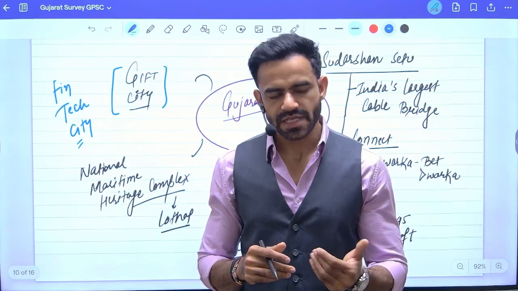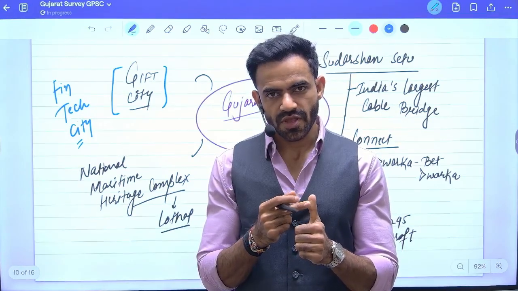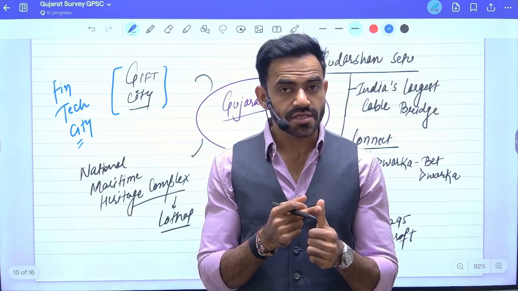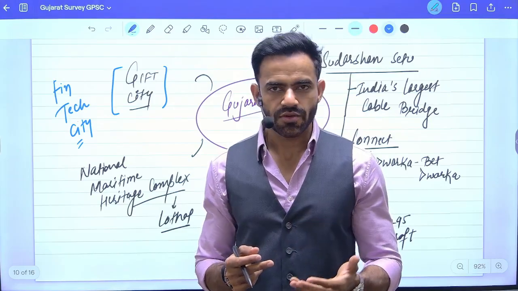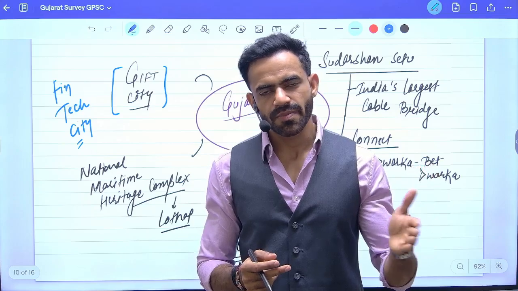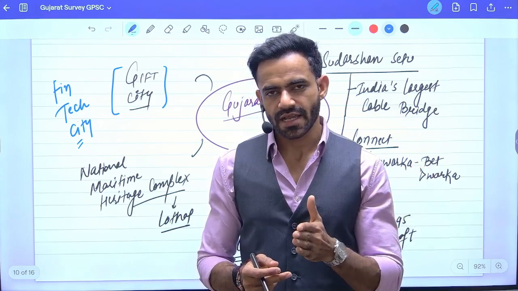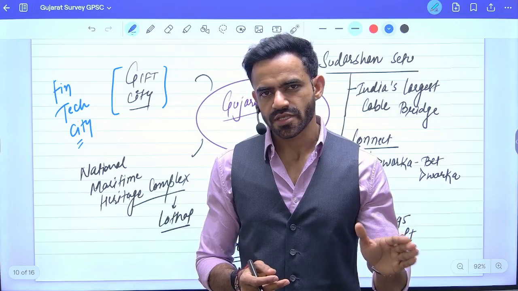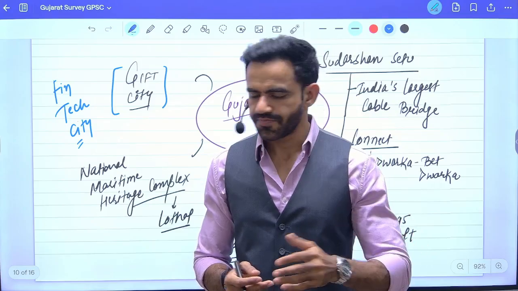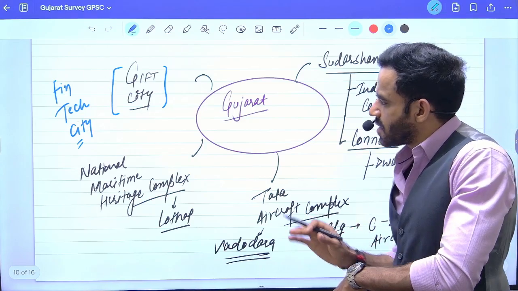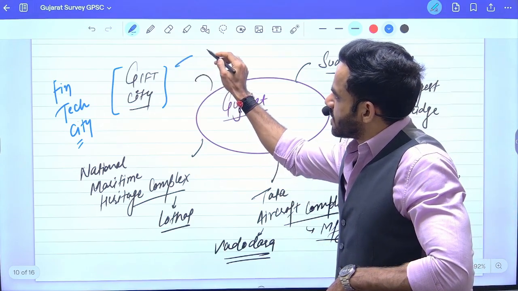In a very simple sense, FinTech companies are those companies which provide financial services with the help of technology. For example, Google Pay, Paytm, PhonePe, all these are fintech companies. They provide financial services but with the help of technology. So India's first GIFT City is situated in Gujarat, specifically in Gandhinagar.